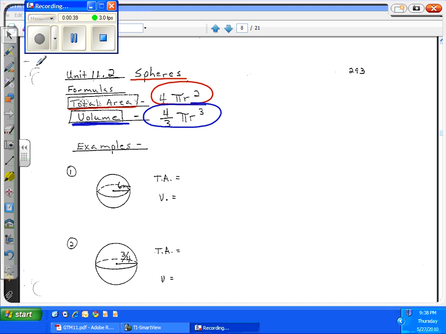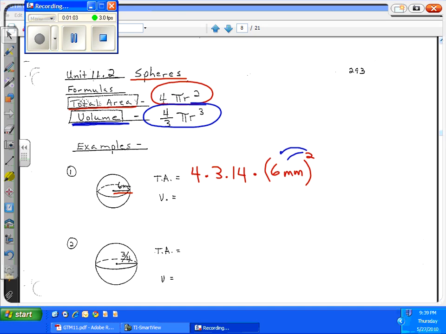So, example 1, total area: 4 times pi, 3.14, times the radius, which is 6 millimeters, squared.